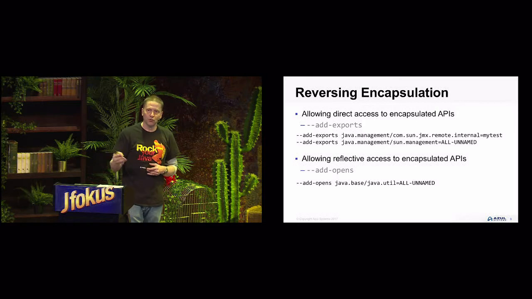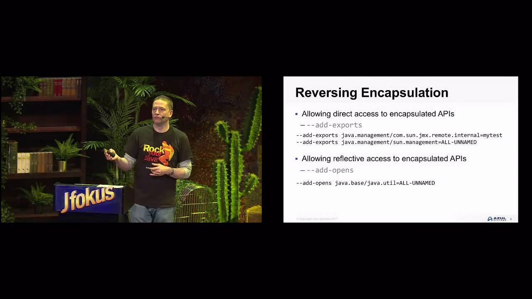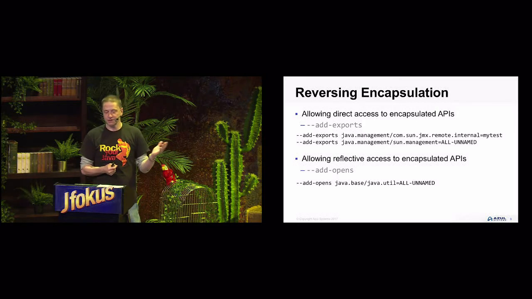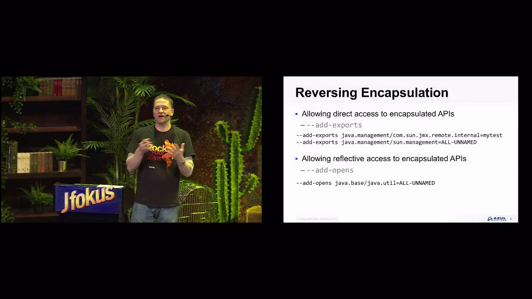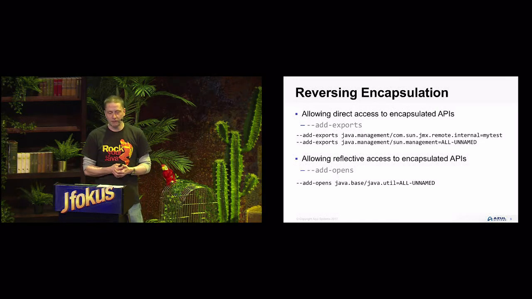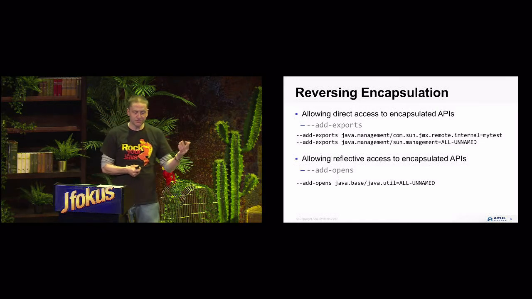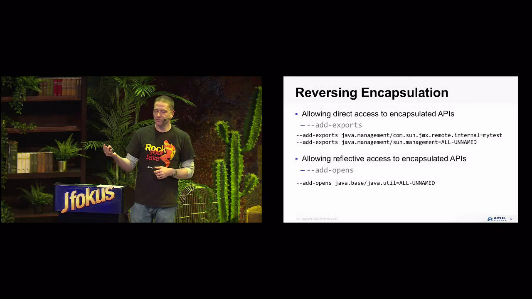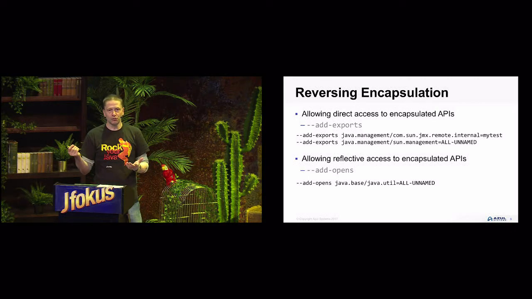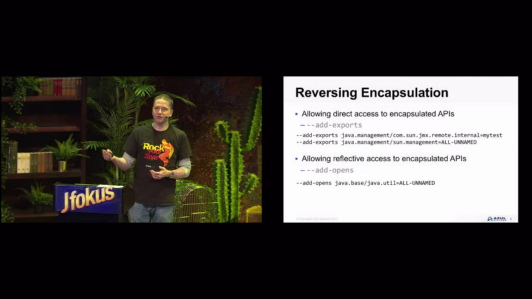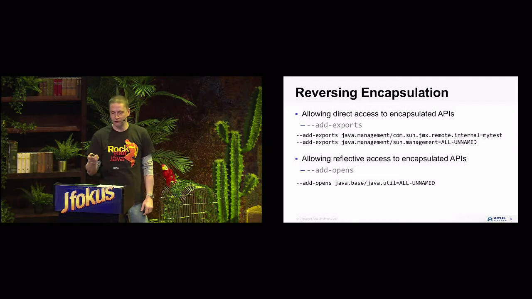If we want all of the unnamed module to have access to that, then we can specify java.management module, sun.management, and have access to all of the modules, all of the things on the class path as well. For reflective access, it's very similar. So you can add-opens, java.base module, and we can then say java.util is accessible through reflection to all of the unnamed module.